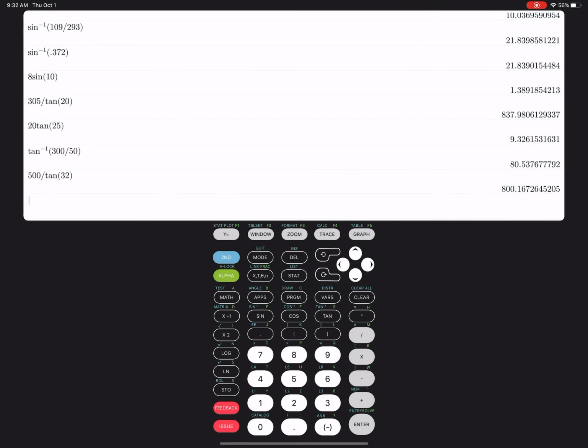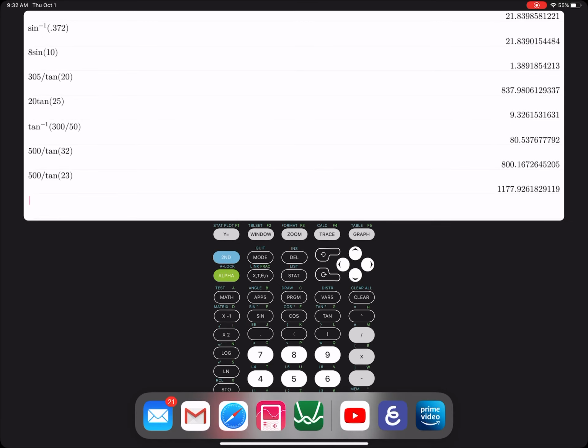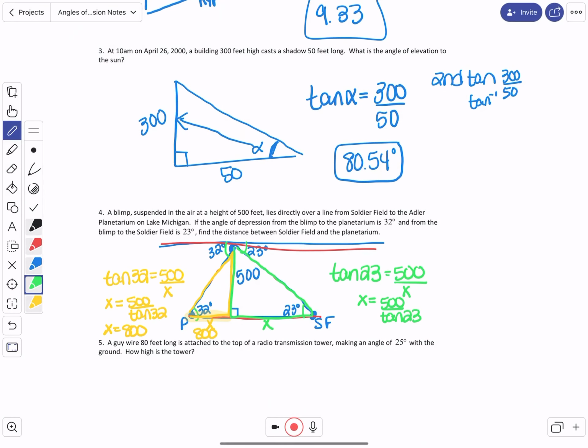So 500 divided by tangent of 23, and we're going to round that to 1,178. So x equals 1,178.